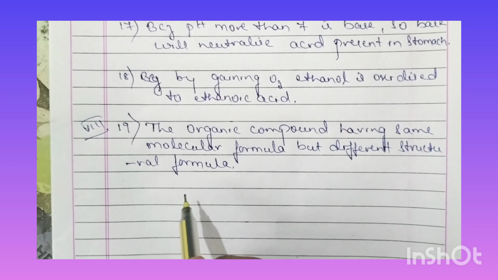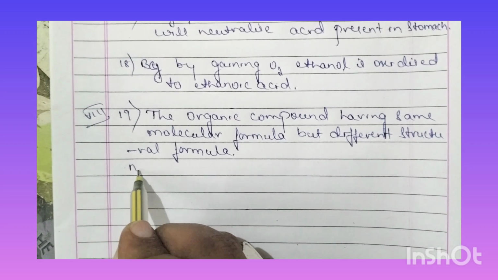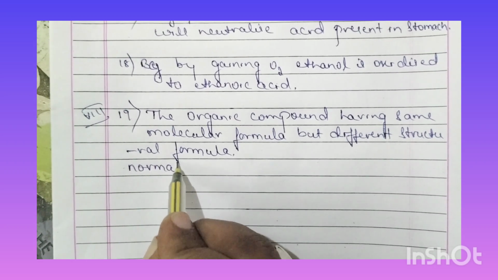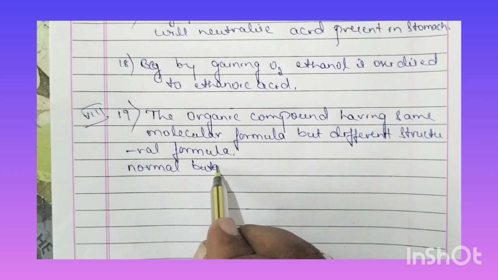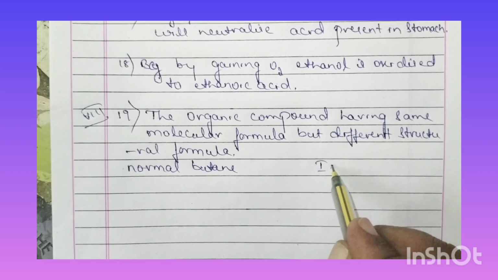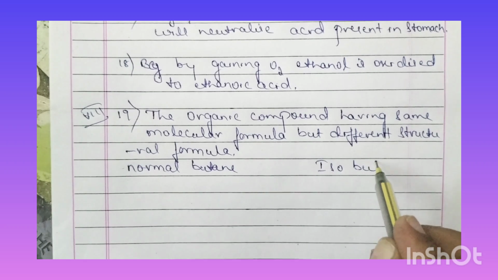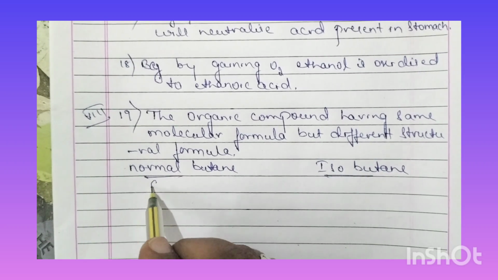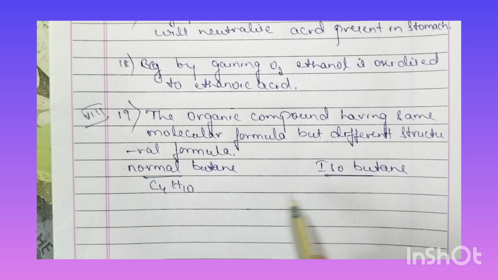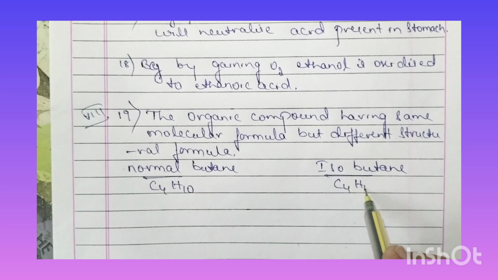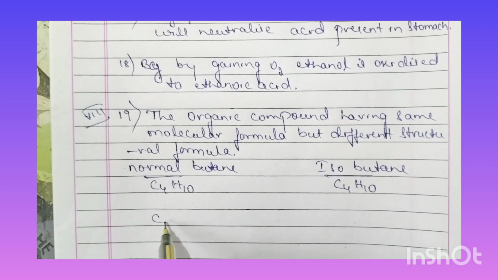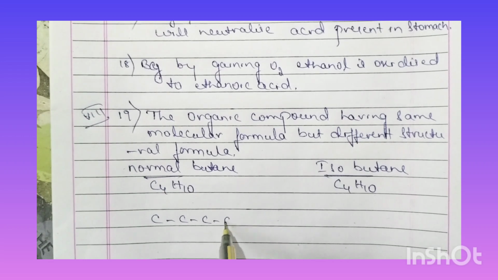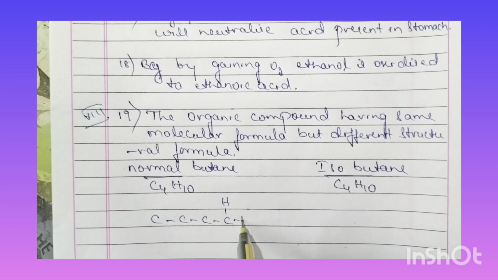Write the structural isomers of butane. One is normal butane, another one is isobutane. So normal butane C4H10, isobutane C4H10. Structure 1, 2, 3, 4. So everywhere single bond.